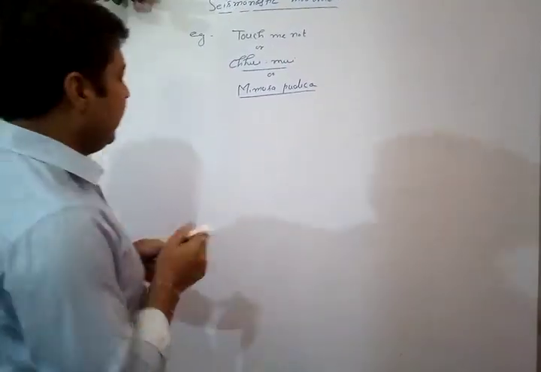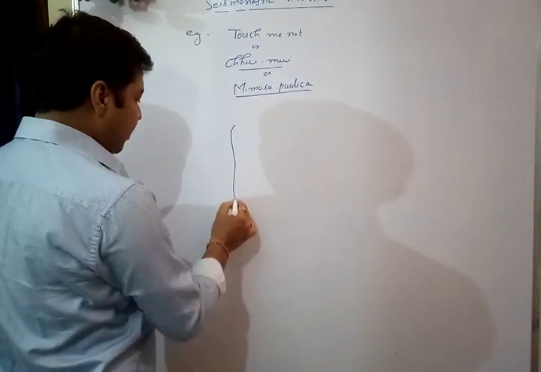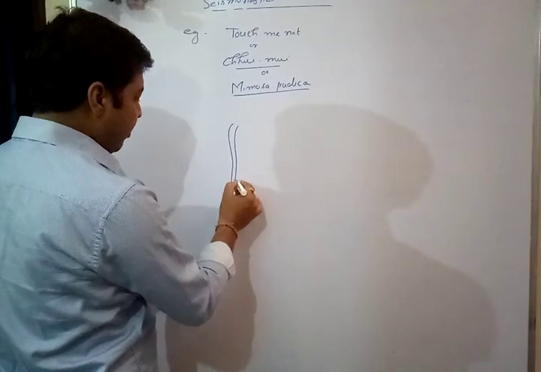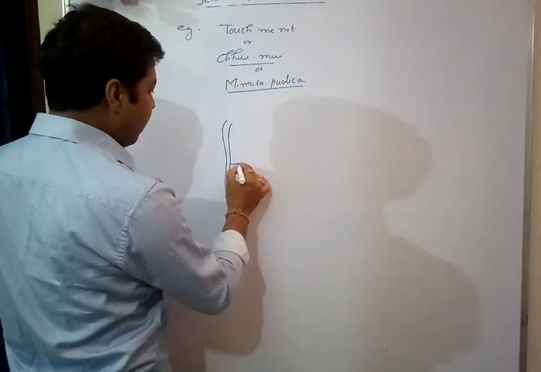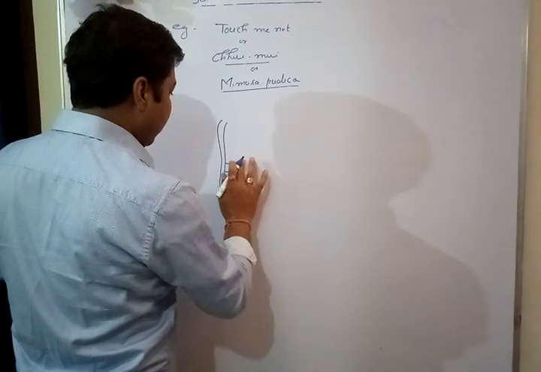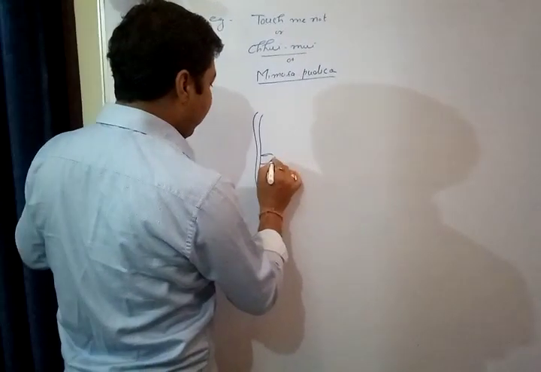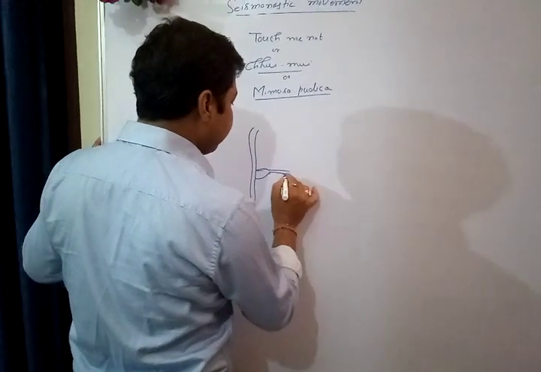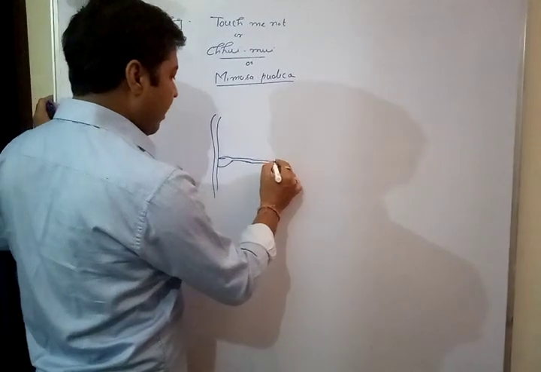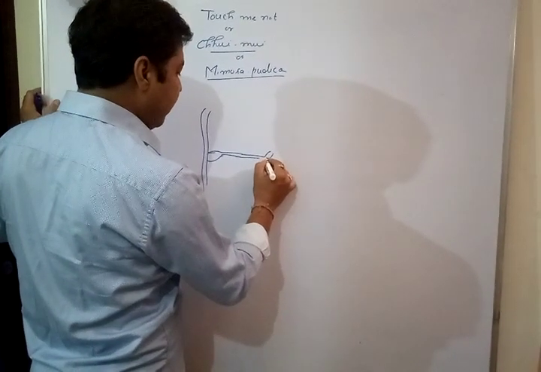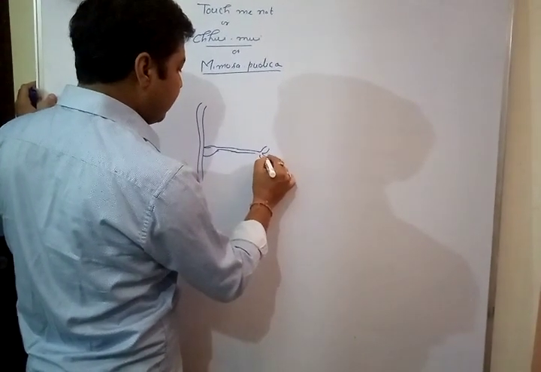So if I try to show the structure, Mimosa pudica has compound leaves. You might have seen these kinds of structures.